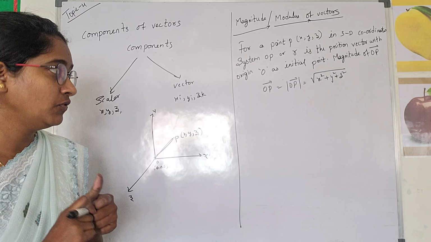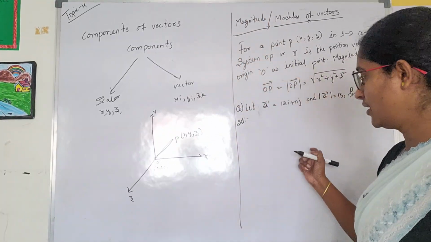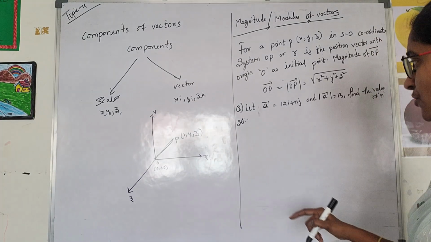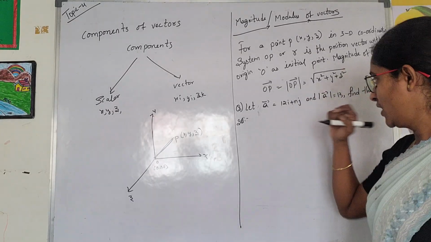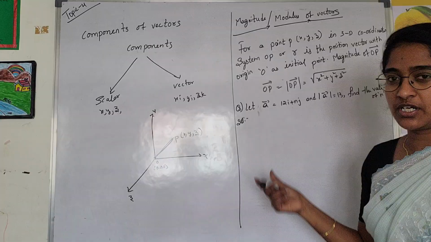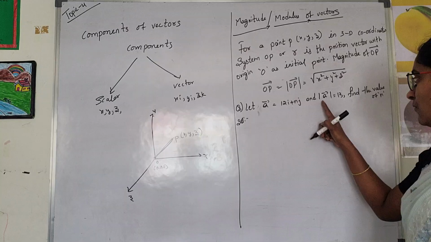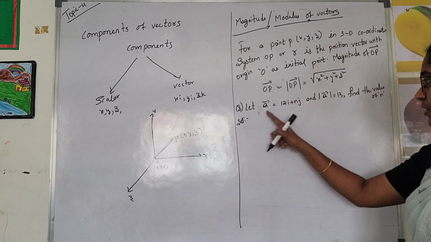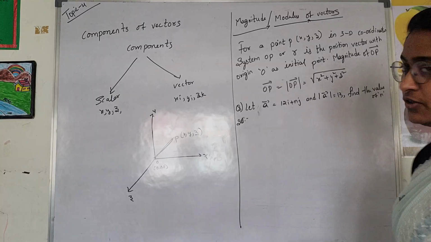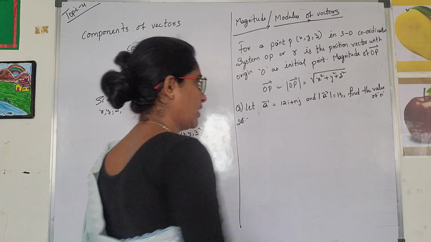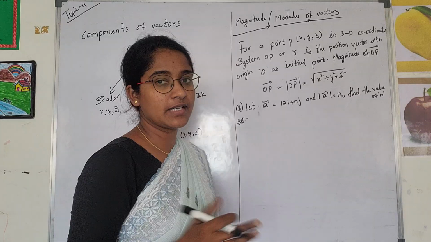We'll do some problems based on this. It's a simple question to understand more about magnitude. Let A equal 12i plus nj. They didn't give z, so it may be 0. The magnitude of A is 13, and we need to find the value of n. Just apply the formula. Here x is 12, y is n, and z is 0.